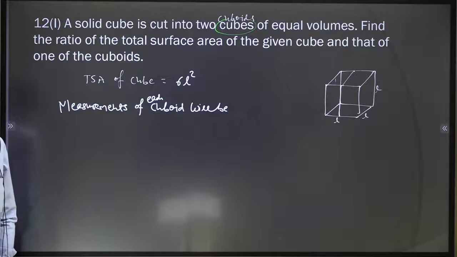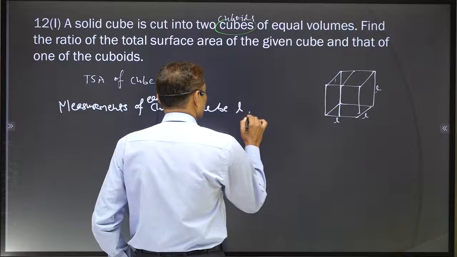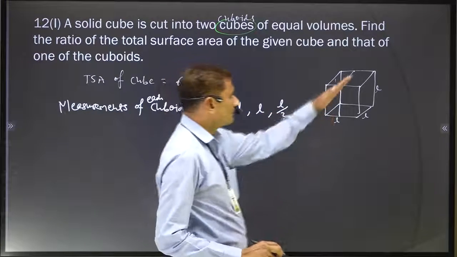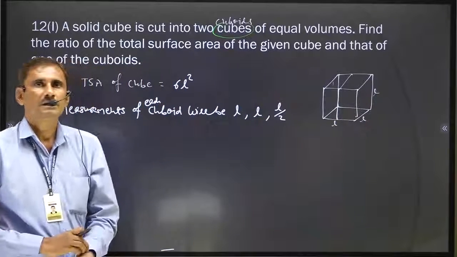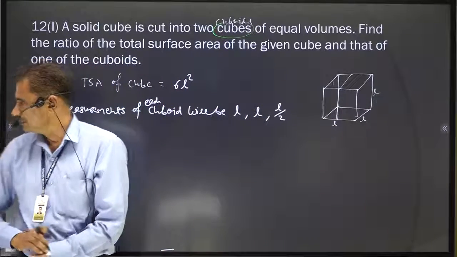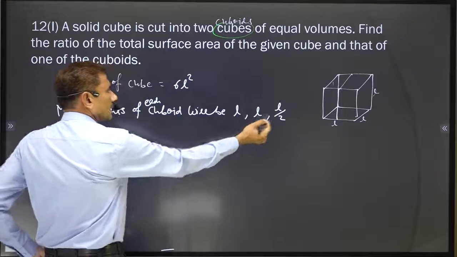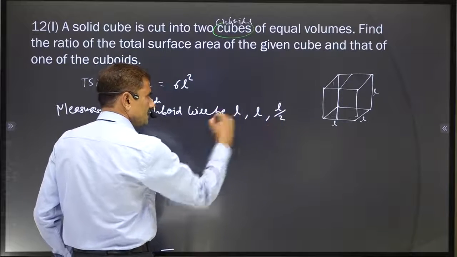It will be L, L, and L by 2. Why? Because it is cut from halfway. So you understand here L, L and L by 2 will be there, whether you call them L, B, H in any order.